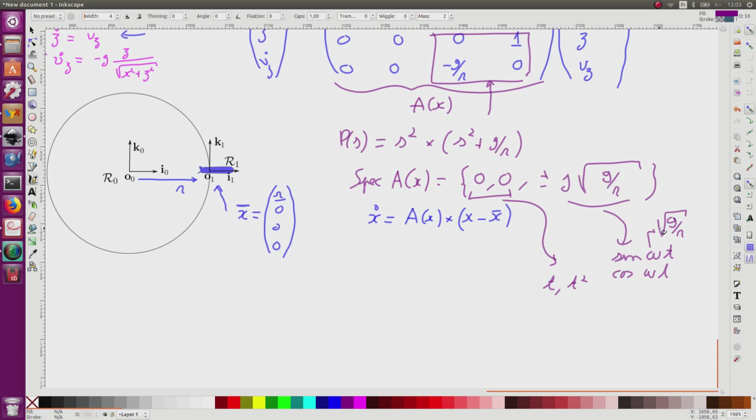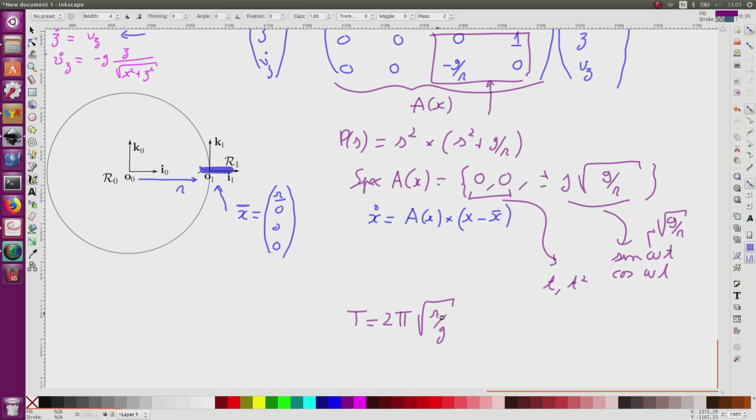The frequency, so if I want to compute the period T associated to this pulsation, it will be equal to 2 pi square root of the inverse, so r divided by g.